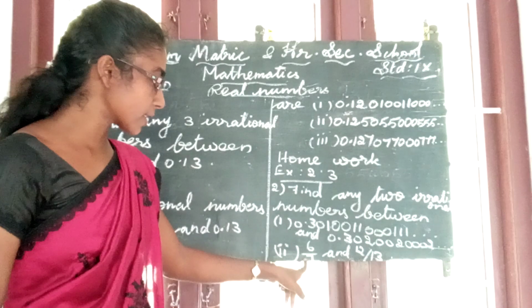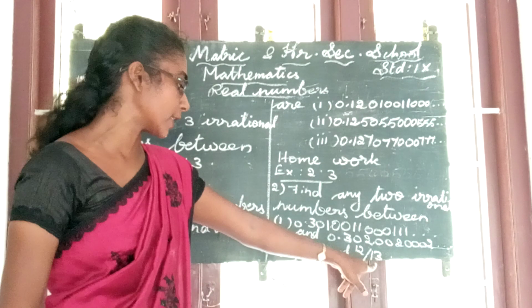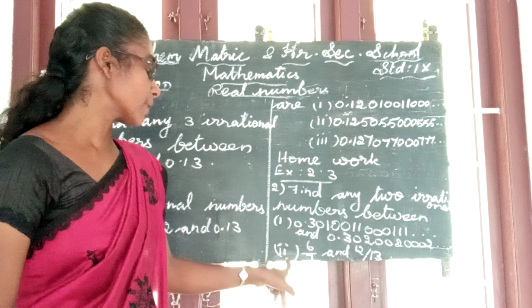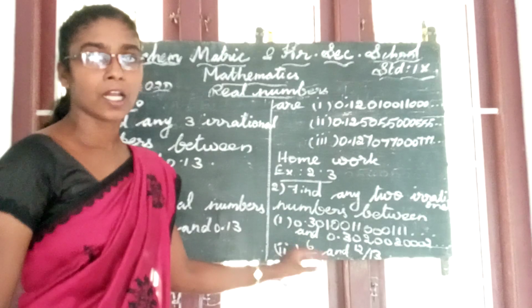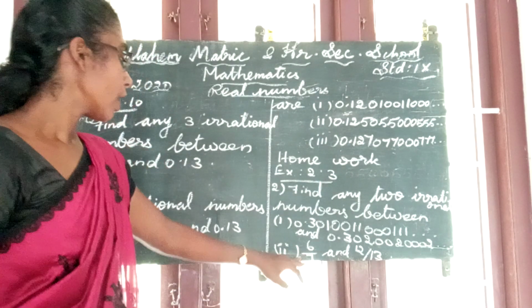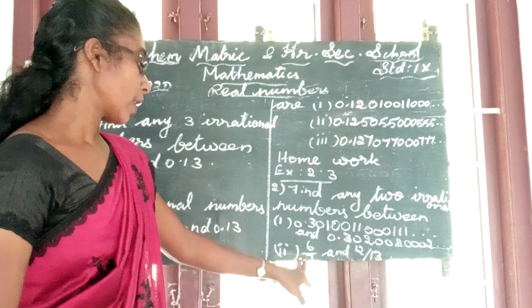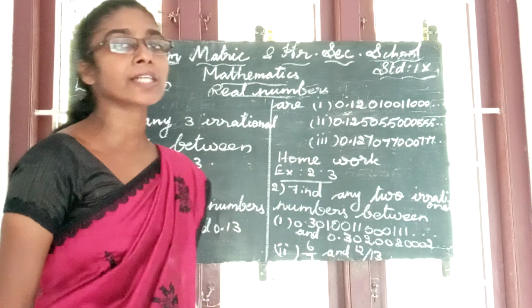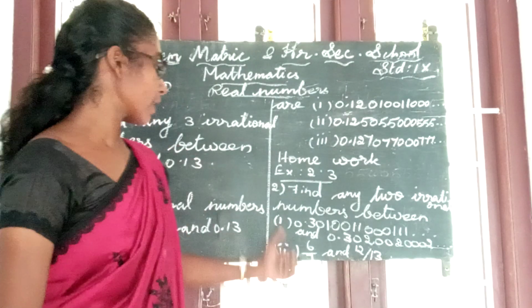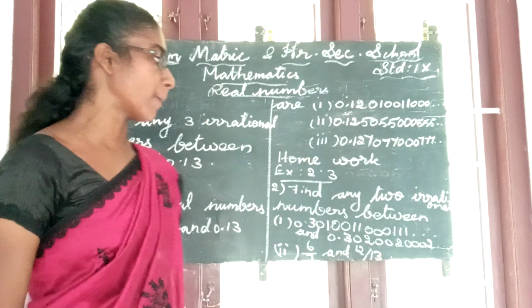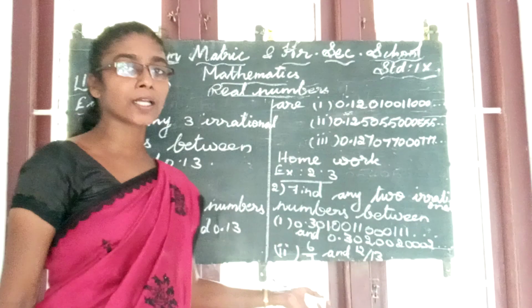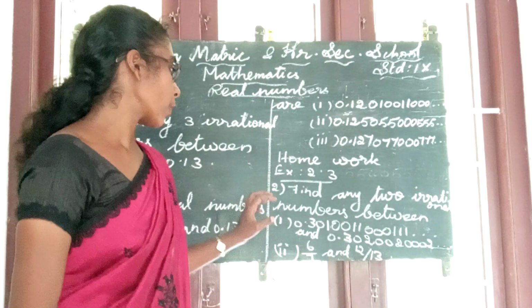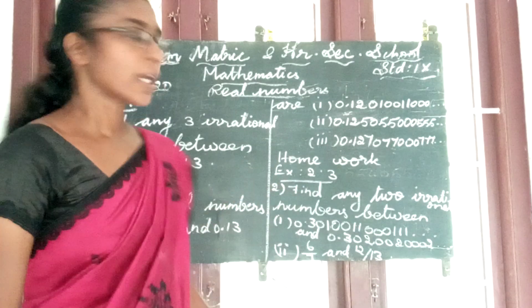Here also, next, 6 by 7 and 12 by 13. Second problem, 6 by 7 and 12 by 13. First convert into which number? Decimal number. Afterwards find two irrational numbers between these two numbers. Can you do this homework? Okay, do the problem. Okay, thank you students.